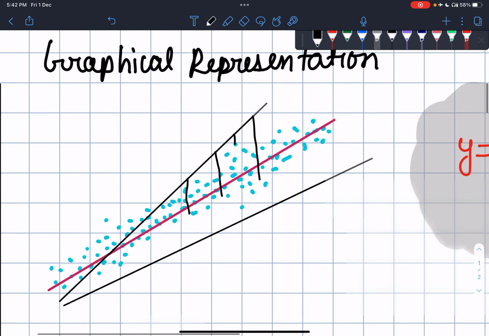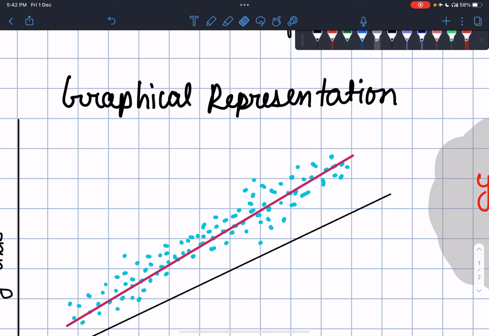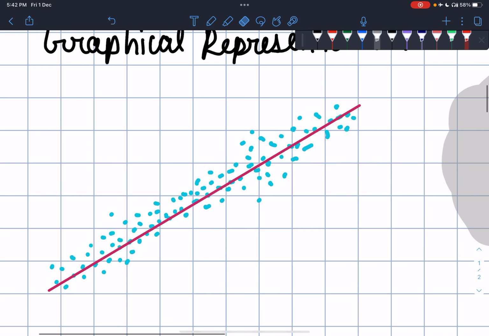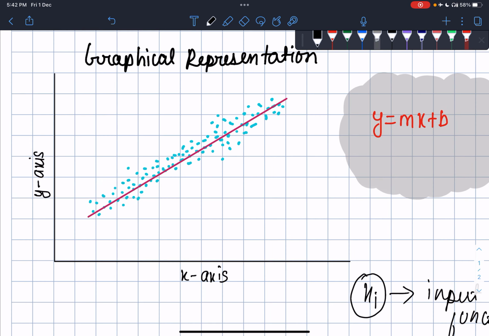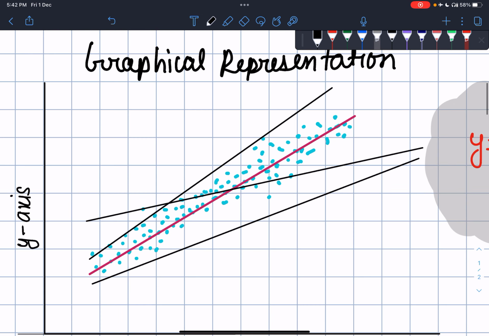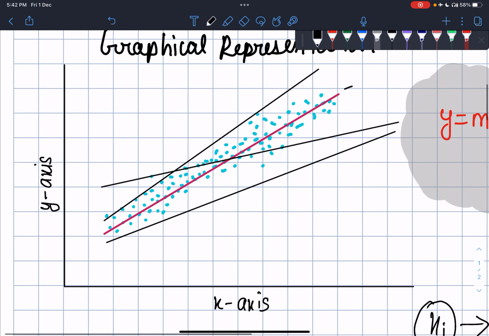You have to tweak it to get the fittest line, which can give you the right values in the future, because you're building the model for future problems. Let's suppose we have another one like this, and like this. From the graphical representation we can see this is the best line which we want.